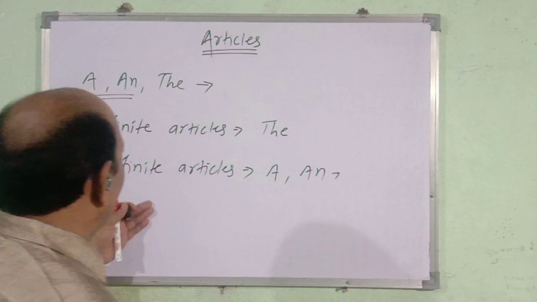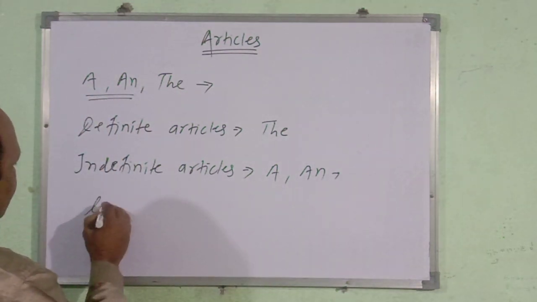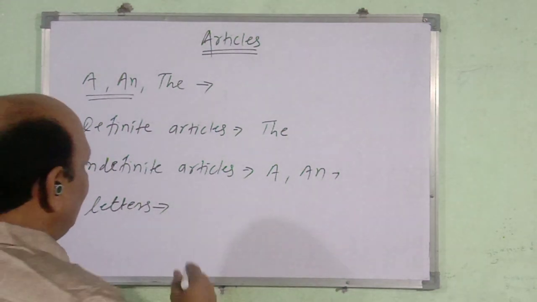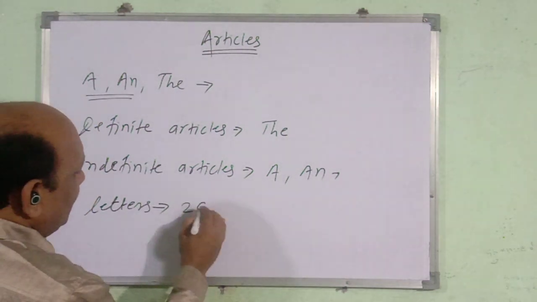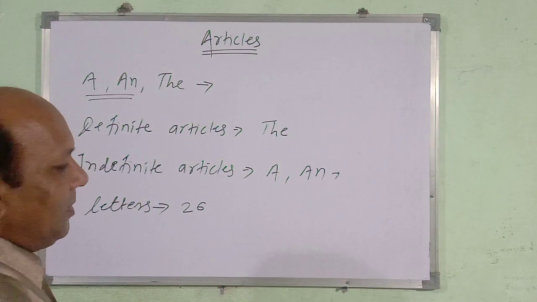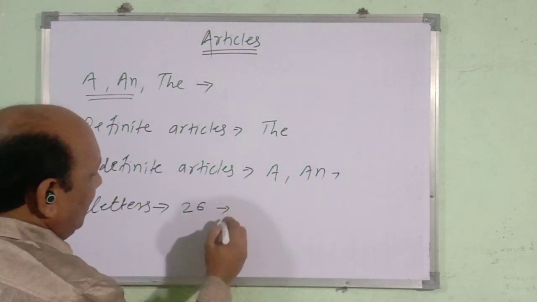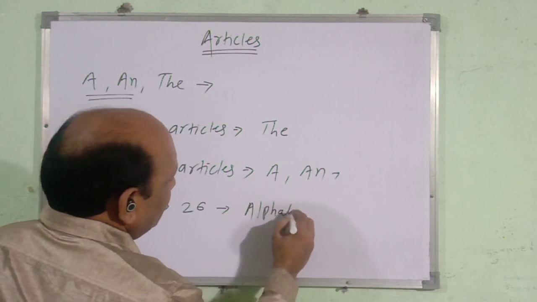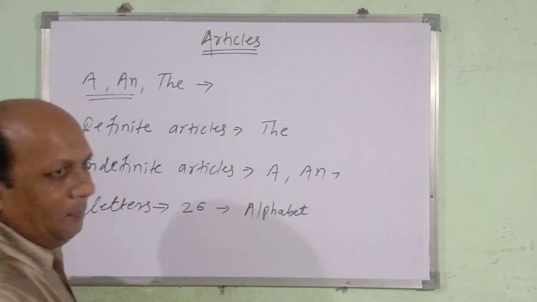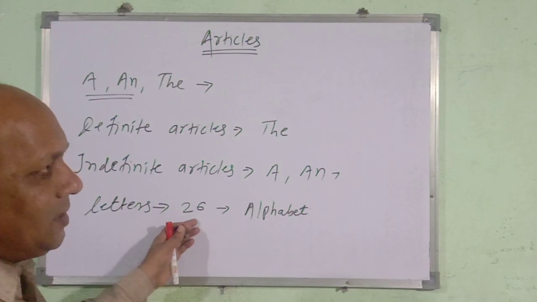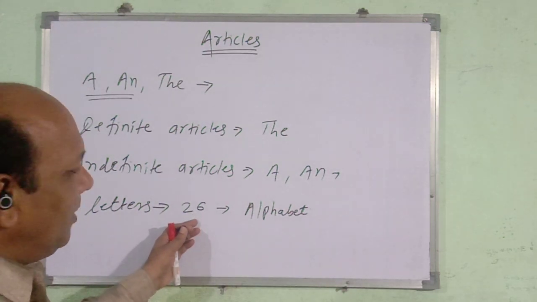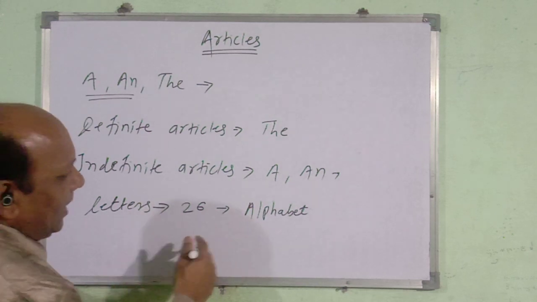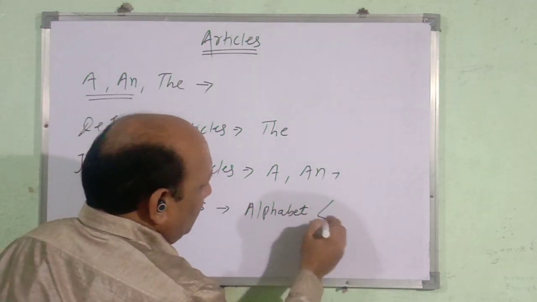Okay, first we are talking about the letters. So mainly there are 26 letters in English grammar. We also call them alphabets. So there are 26 letters or alphabets, and they are further divided into two parts.